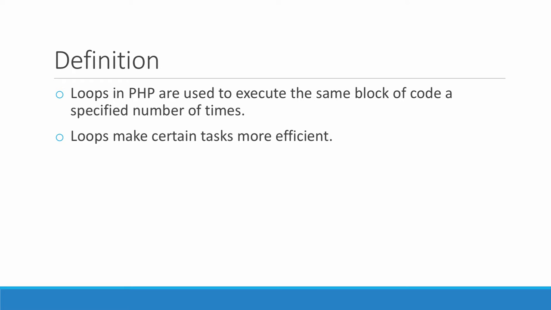Because the cool thing about loops is they allow us to go through the same block of code a specified number of times. For example, think about when you look at an e-commerce site, and on that site you have the catalog page where there's a whole listing of items.